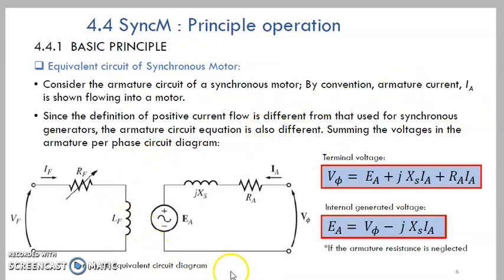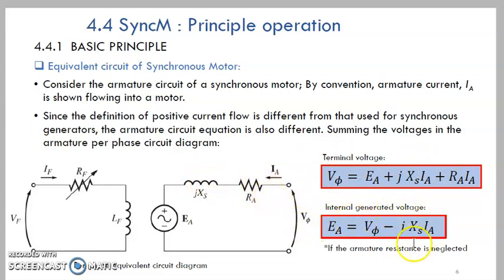And this is the same equivalent circuit, for the synchronous motor. We have the field current circuit here, and the phase voltage generated in the field. So V phase is equal to the generated voltage plus the voltage drop at the series impedance, also the series resistance.